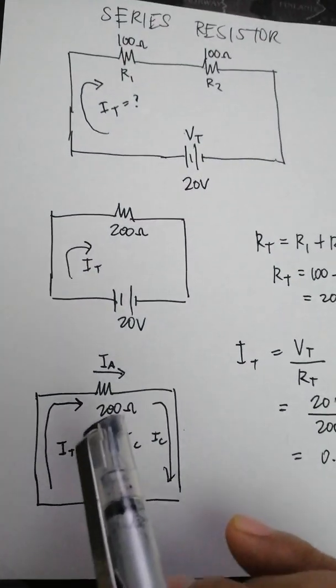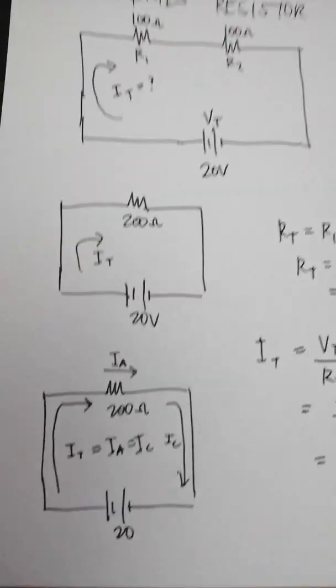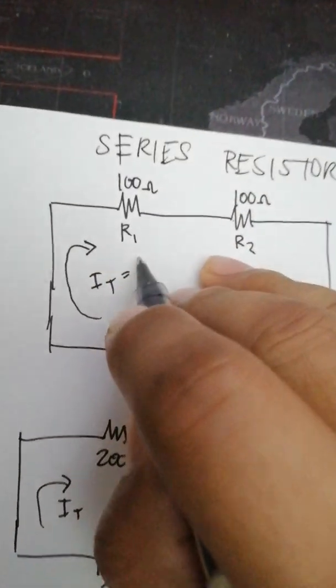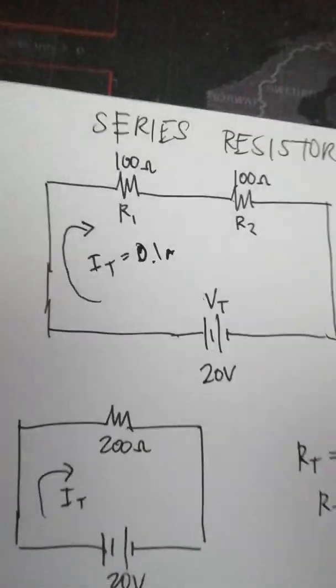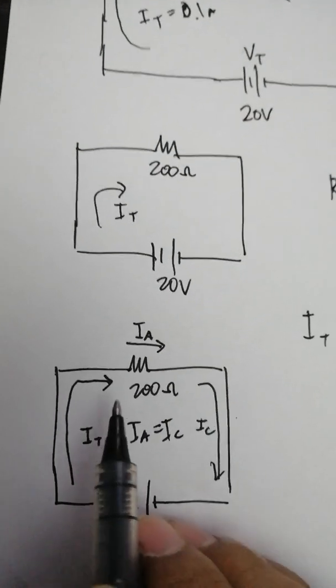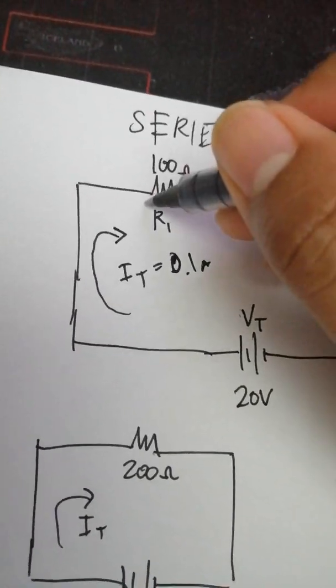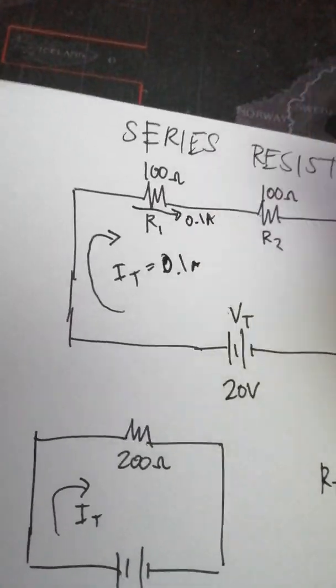So it says here, if we apply the 0.1 ampere here to here, we have now 0.1 ampere. In theory, I said a while ago that total current is equal to IA and IC. So the current that will flow on R1 is equal to 0.1 ampere.